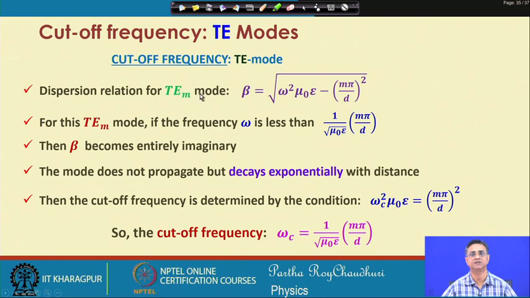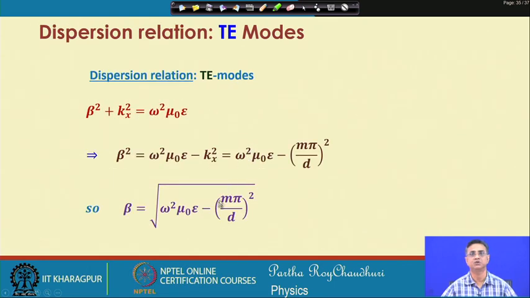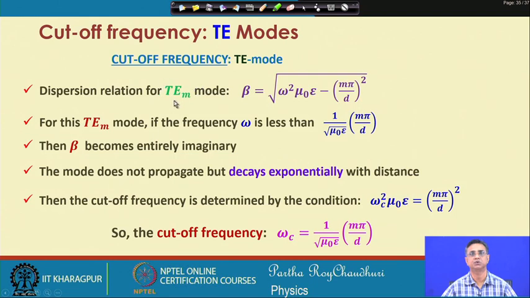If you look at the dispersion relation for TM modes, we call these modes TM modes because they have a general index m, which can take the values 1, 2, 3, 4, etc. So these modes will be TM1, TM2, etc. This is the dispersion relation for the TM mode. If the frequency omega is less than this value, then this quantity becomes purely imaginary, because this term is now more than the other.